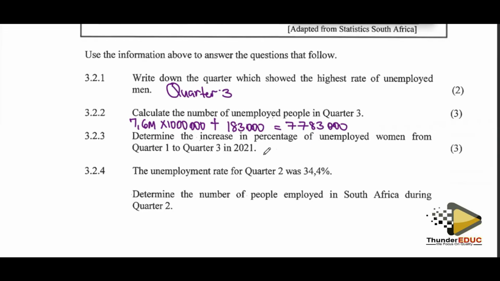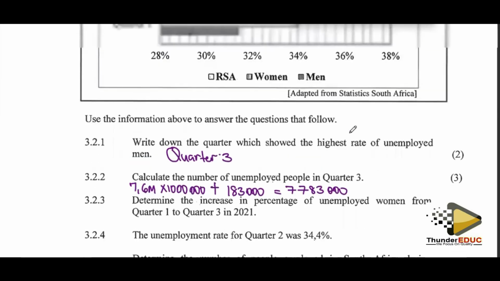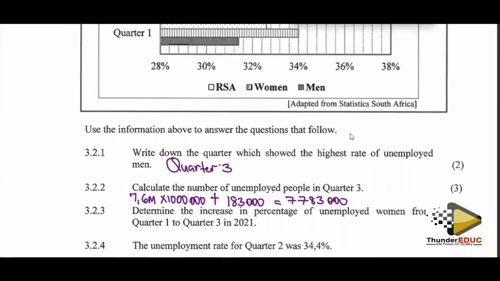All right, determine the increase in percentage of unemployed women from quarter 1 to quarter 3, 2021. When you look at it critically, count from here to there.